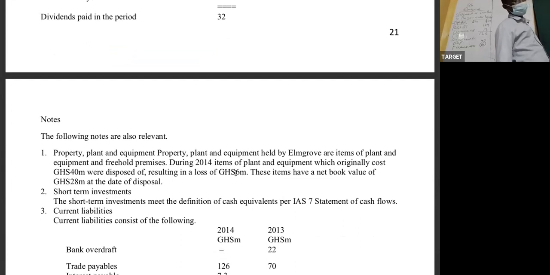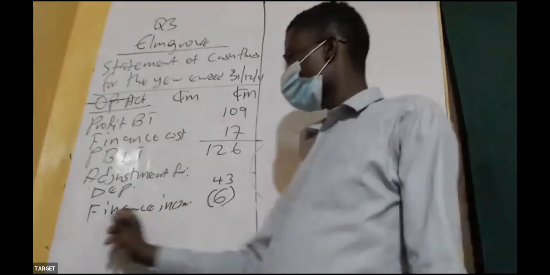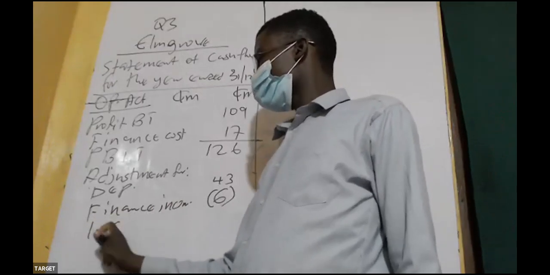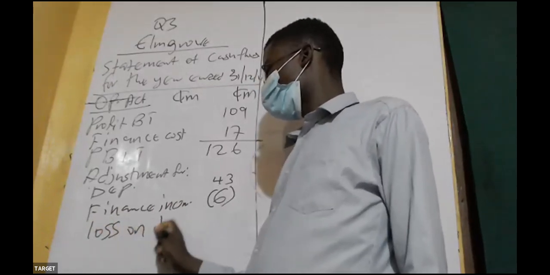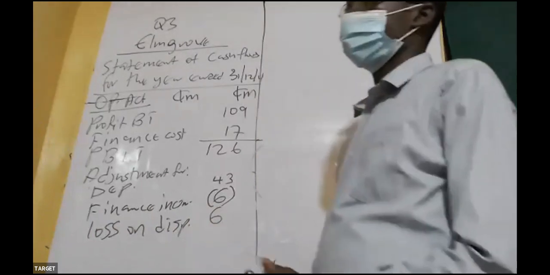So that means this 6 million has been subtracted from the profit because of the loss. And this is an alien, a stranger. So let's add back the loss on disposal, 6. I'm adding because they have subtracted.